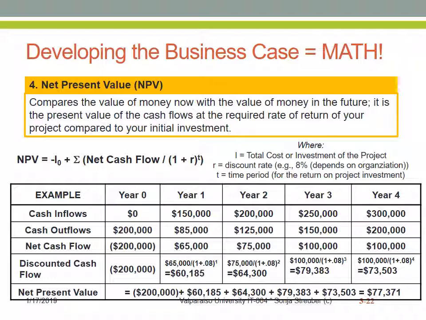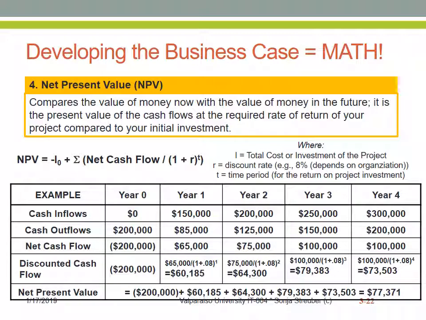So now we are ready to calculate our net present value. Remember, our net present value is the investment, that is the negative number, then plus a sum of all the discounted cash flows for each year.